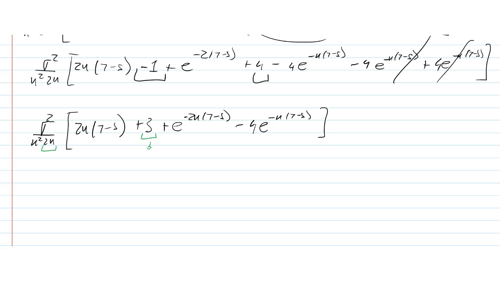So if you write just this, this 2 will cancel with this, and the 2 as well will simplify with this.